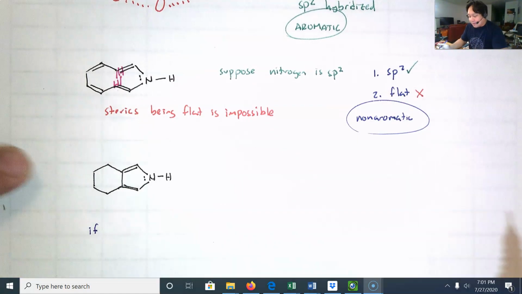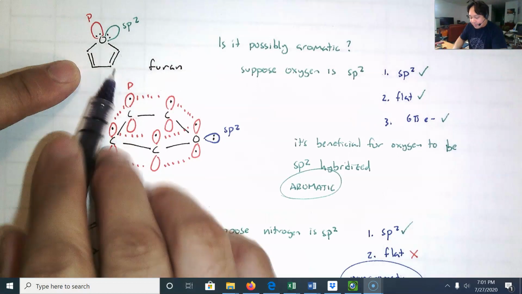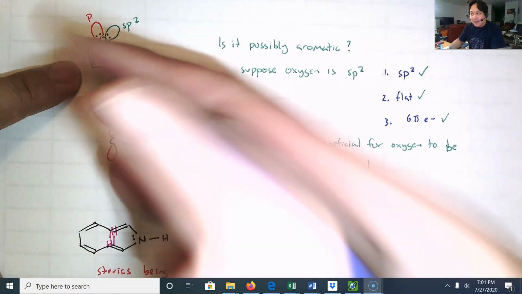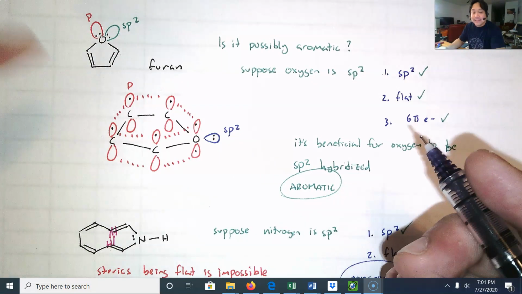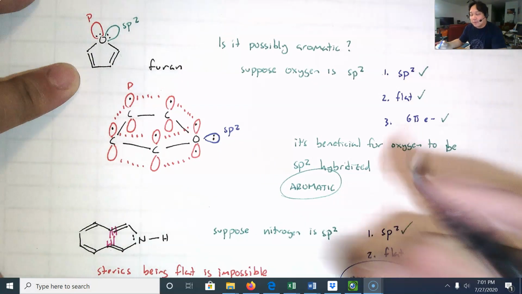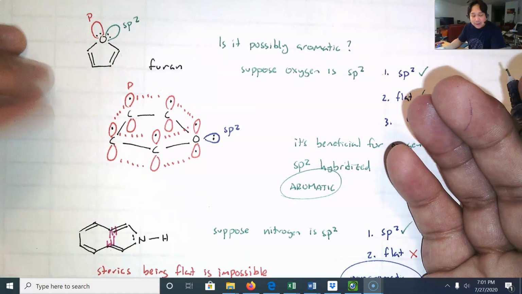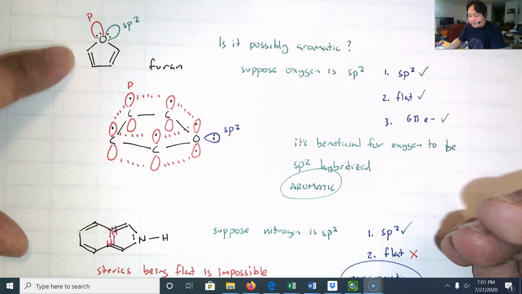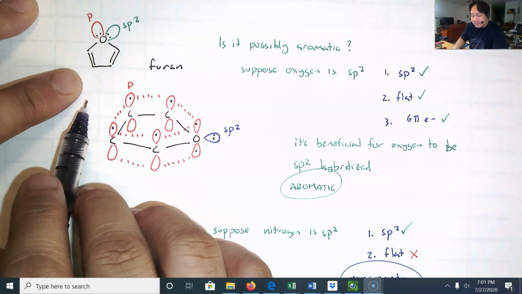So if for instance this furan here, if there was another ring here, and I ask you, is that molecule aromatic or not? Yes or no? You would say it is aromatic. Or if I ask you which category does it belong in, aromatic, anti-aromatic, or non-aromatic, you will say that this is still aromatic, even if there's a ring that has sp3 carbons, just like we have in this case.